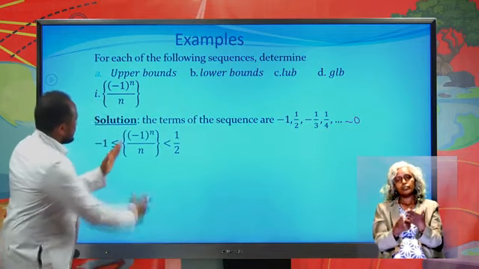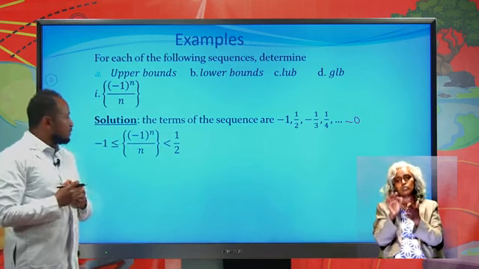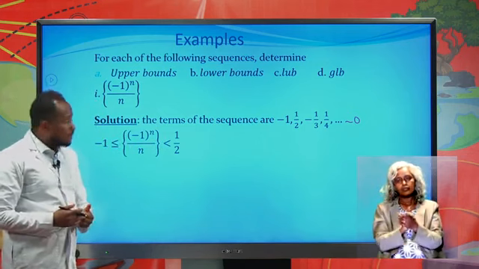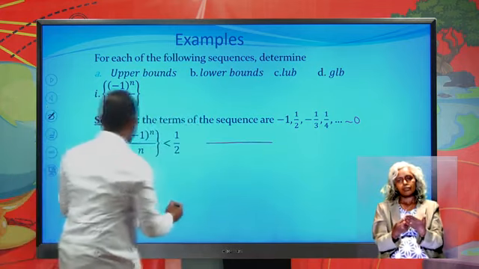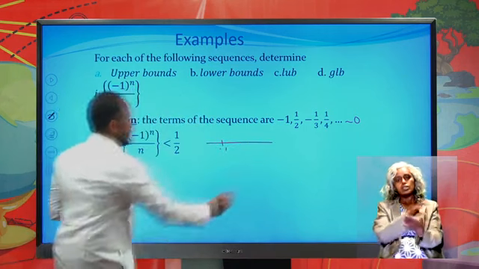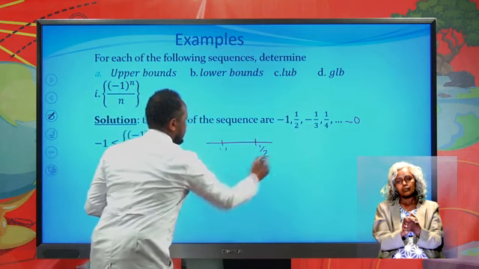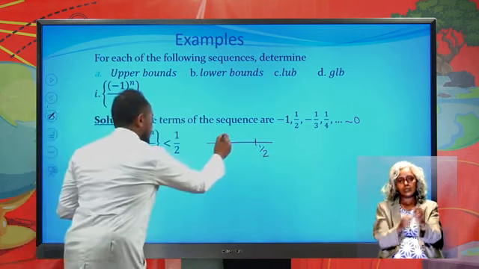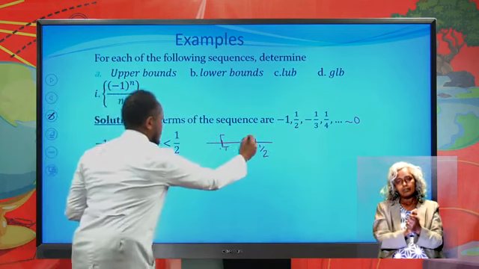So this sequence is found between these two numbers, negative 1 and 1/2.